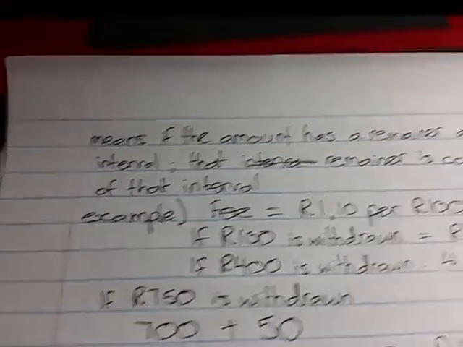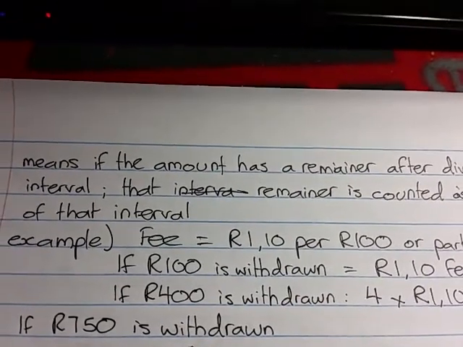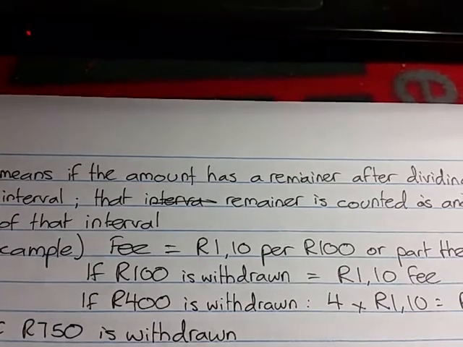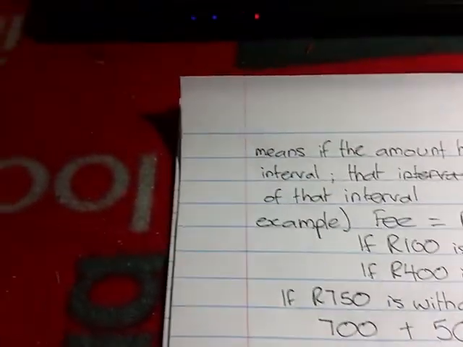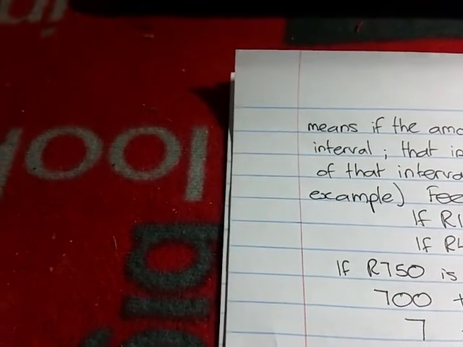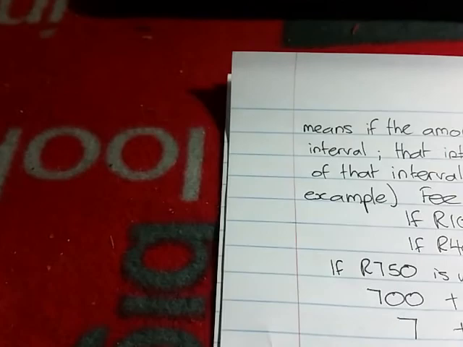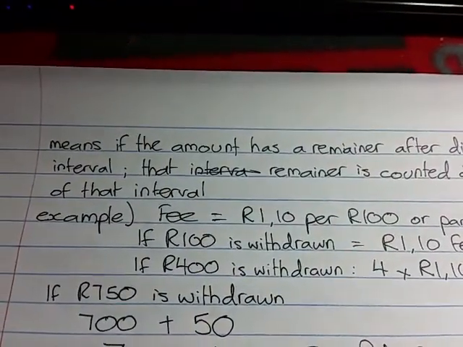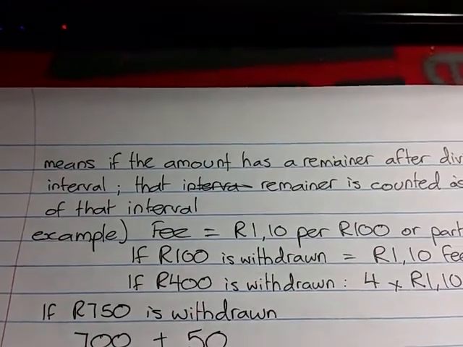But now, what if you had something like 750 withdrawn? So essentially we're going to ask ourselves, how many hundreds are in 750? So you know there are 7 hundreds. So that's already going to be 7 of the 100 rand intervals, leaving a 50 rand remainder.